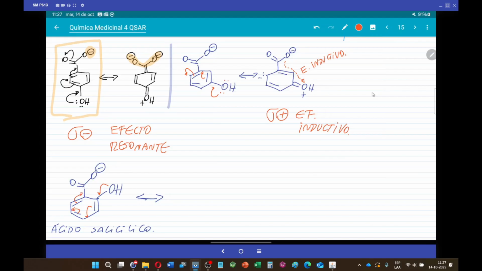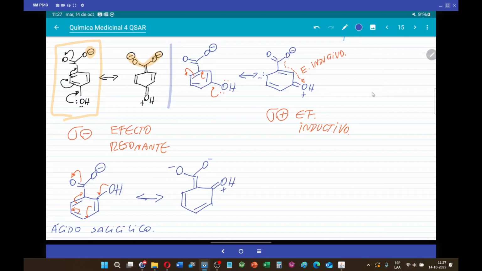If I draw it this way and move all the electrons there, the negative charge is again worsened. What do you expect for a hydroxyl, a positive or negative Hammett sigma? You should expect a very negative sigma.